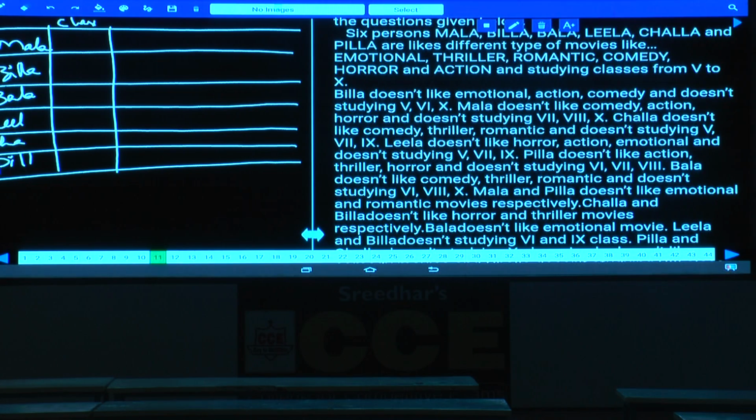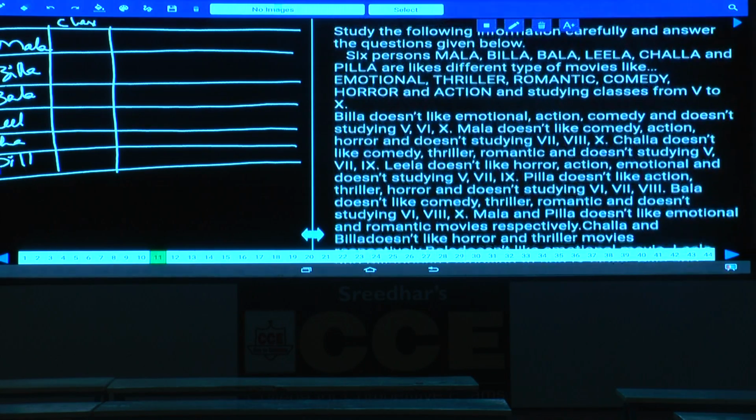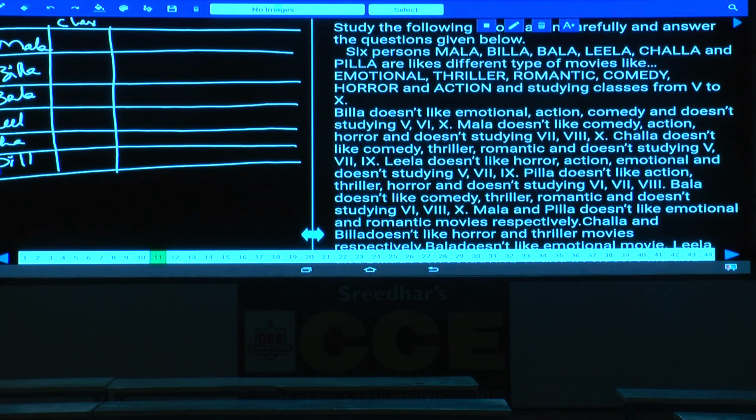And Billa does not like emotional, action, comedy. How many different movies do we have? In the case of movies: emotional, thriller, romantic, comedy, horror and action, 6 different ones are there. Then Billa does not like emotional, action, comedy.